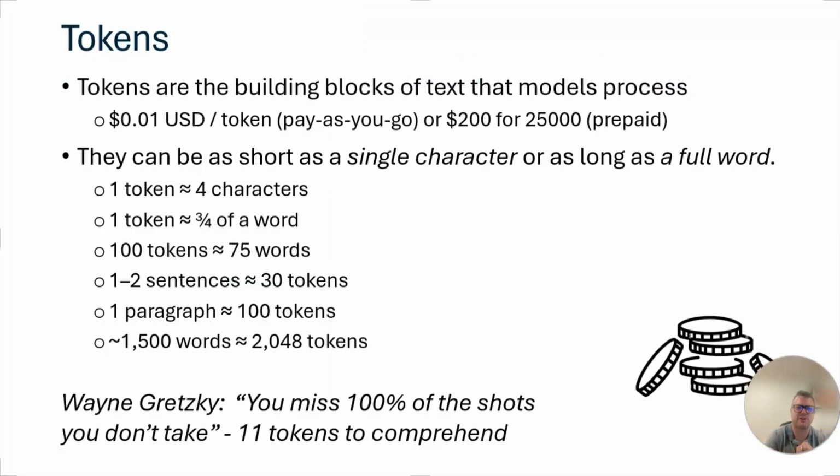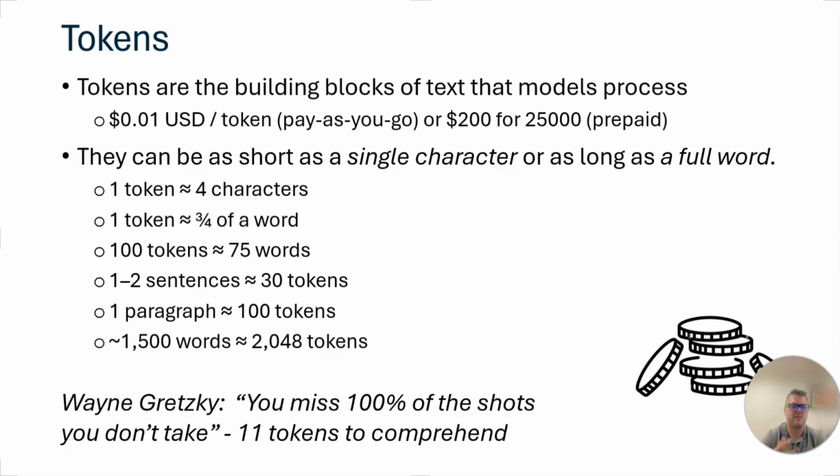Well, as I mentioned earlier, it's a penny USD per token on a pay-as-you-go model. So you can set up billing such that you just pay for every token you use, and Microsoft will charge your credit card. You can buy in bulk, so they sell 25,000 packs of tokens for $200 USD per month as well. And like the slide mentions here, they're really the building blocks for how the model consumes whatever it is it's consuming.